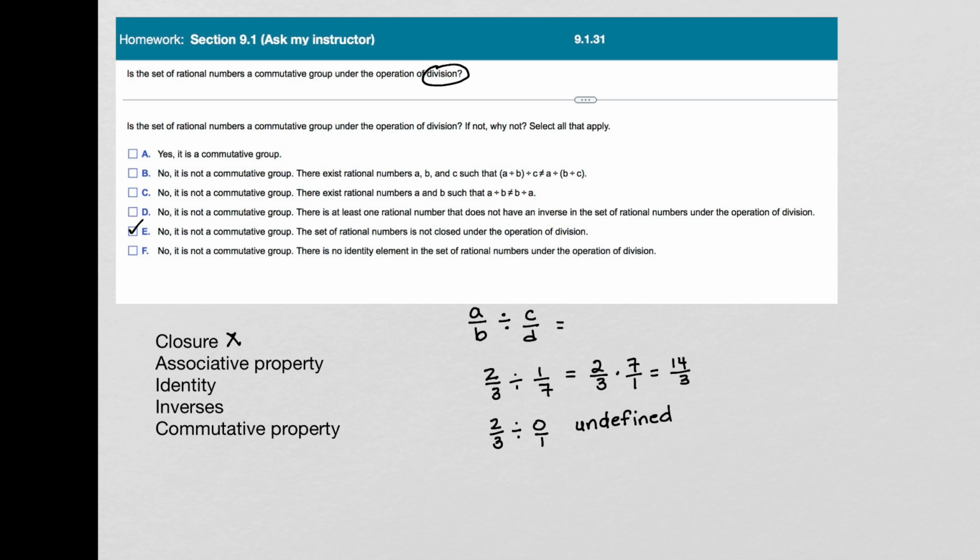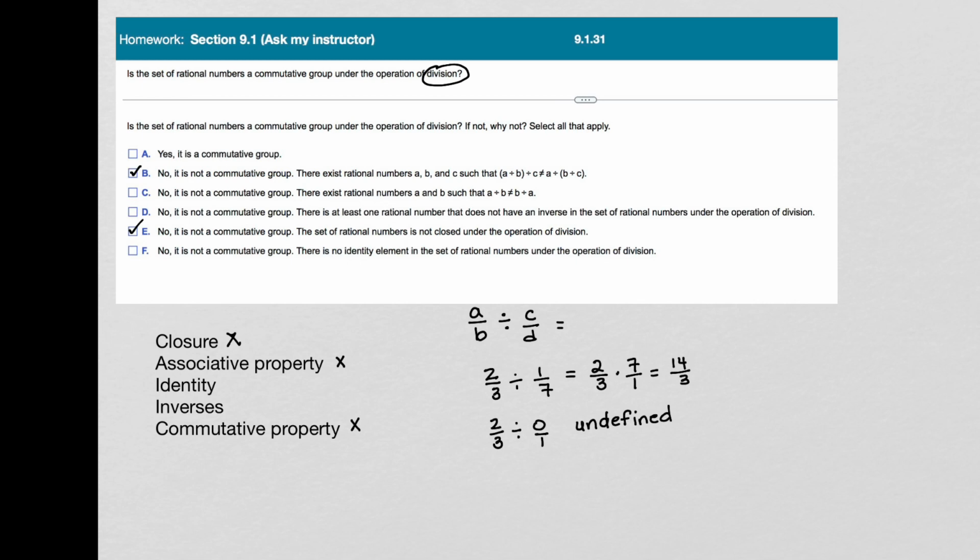Next, we look at the associative property. We know that we have the associative property of addition and multiplication, but not subtraction or division. So I'm going to say no to that. And at the same time, I'm going to say no to commutative because that's the same deal. So B is about the associative property, so I'm going to check that.